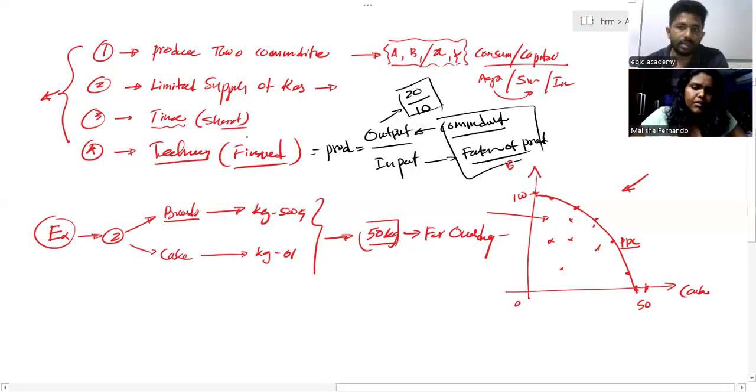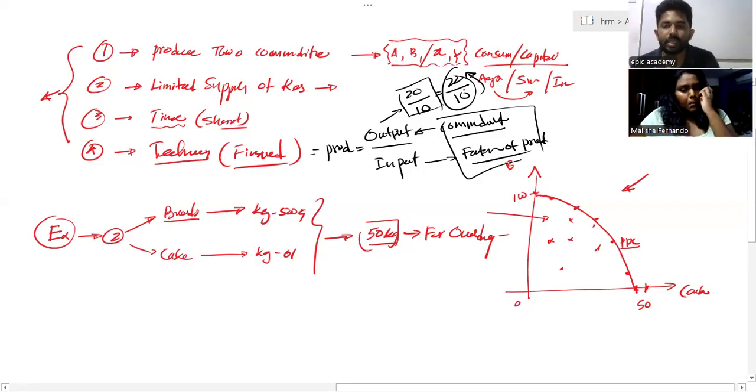Now just consider, if you use the latest technology for production, keeping the same amount of input, you can increase the output. This is the meaning of an increase in productivity.